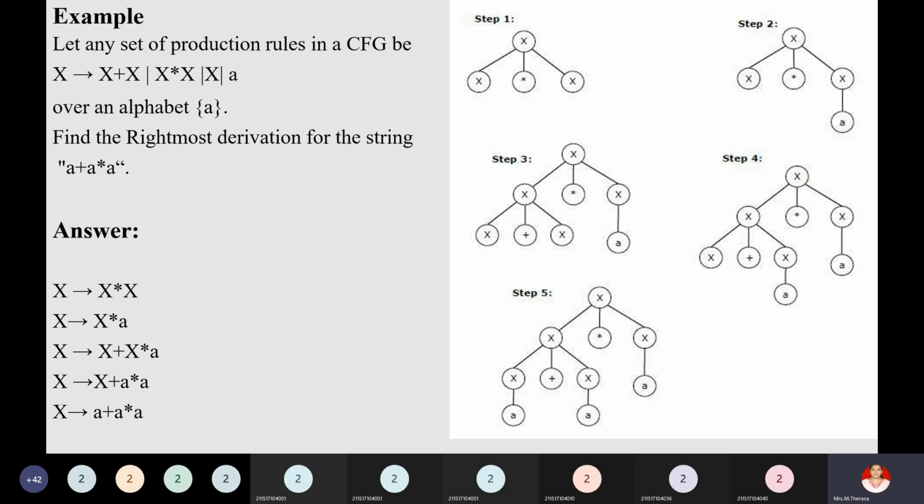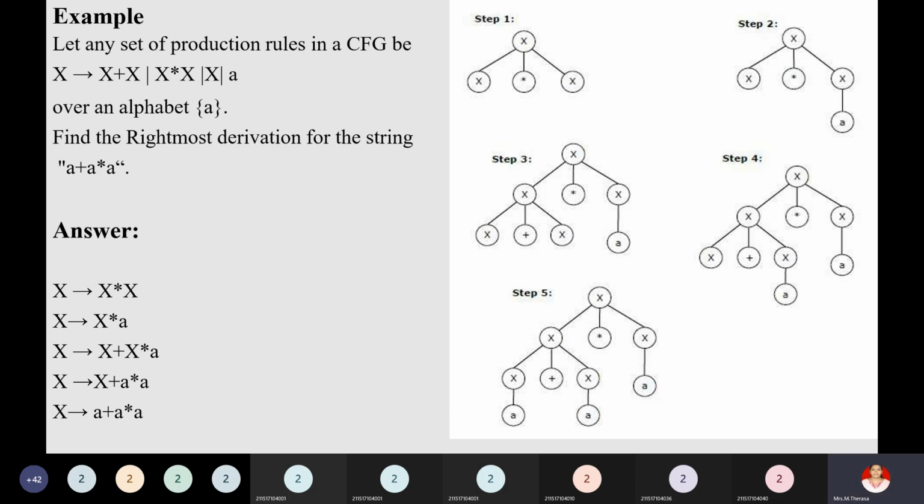The corresponding derivation tree, the parse tree: look here. The first X is replaced by X star X, and the rightmost X is replaced by a. Then we have only one X that can be replaced with X plus X, and the rightmost X is replaced by a, and the one remaining is replaced by a.